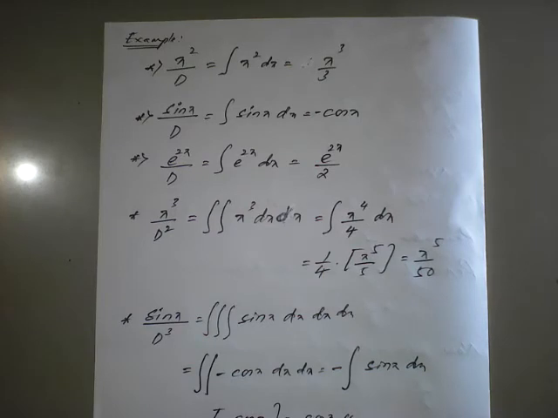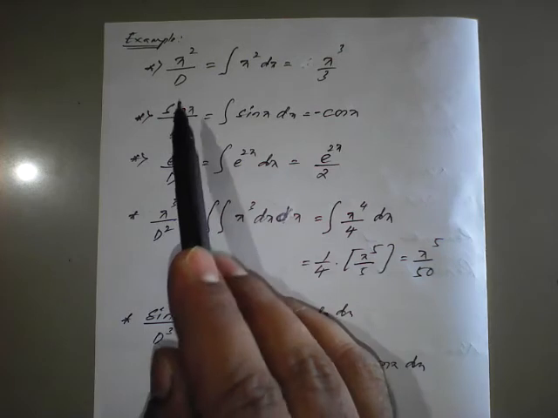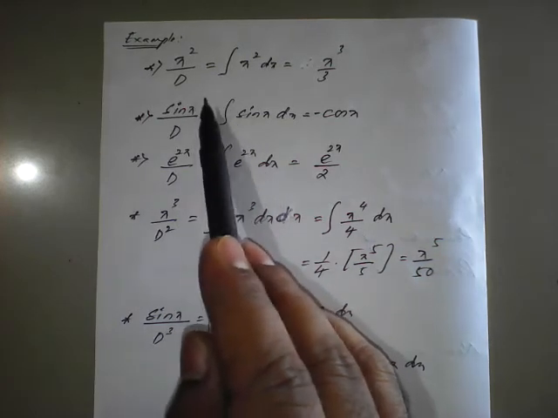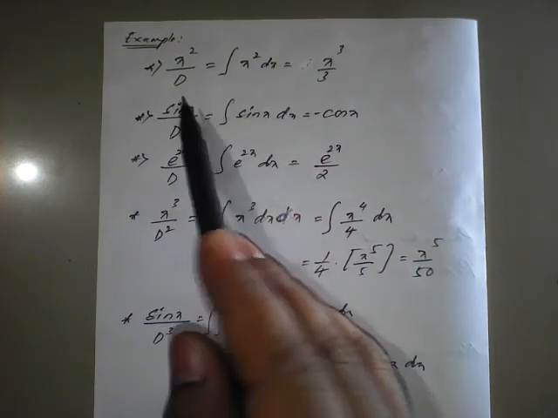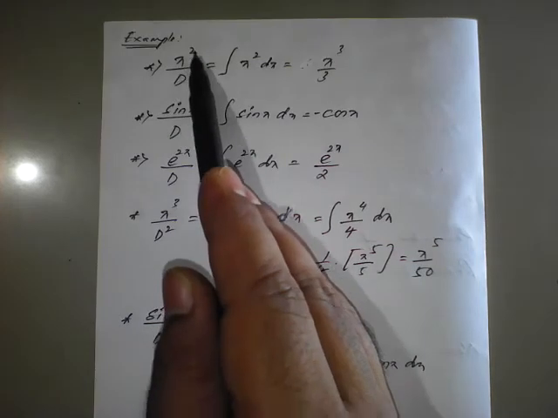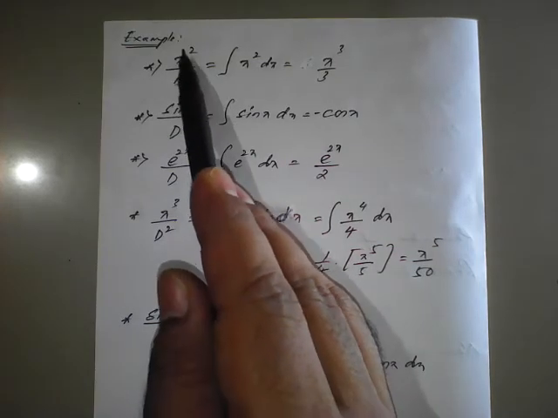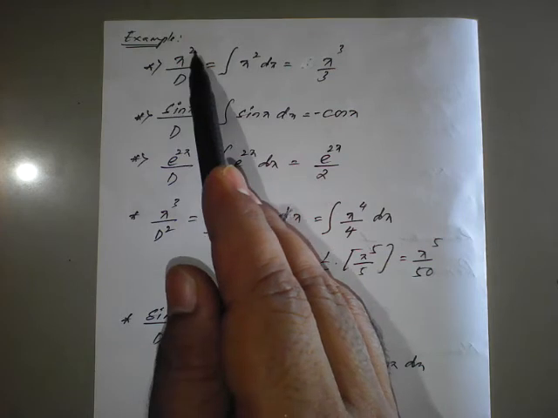Now we'll see some trial examples, so that with the help of these we can simplify our main examples easily. See here, x square upon D means 1 upon D into x square.